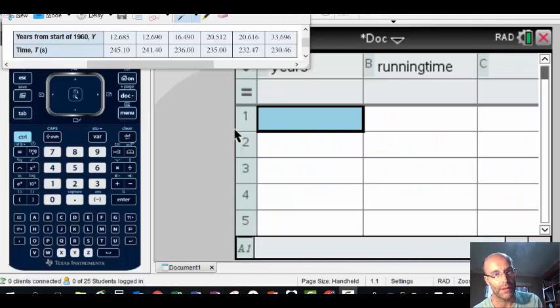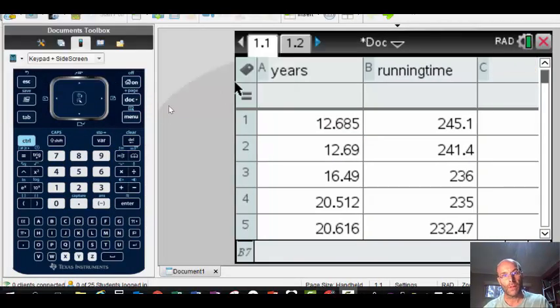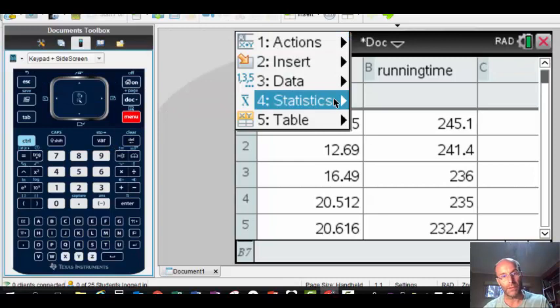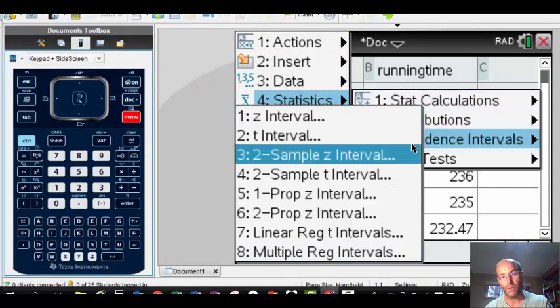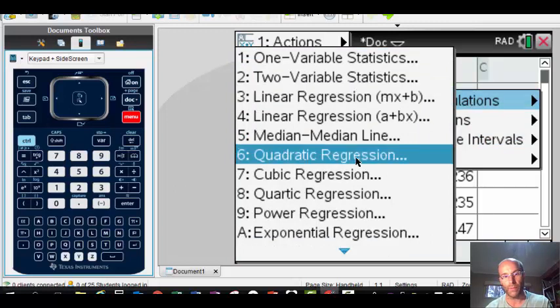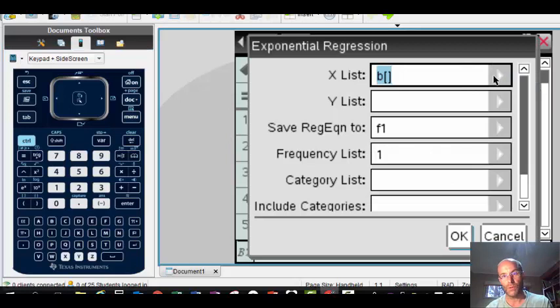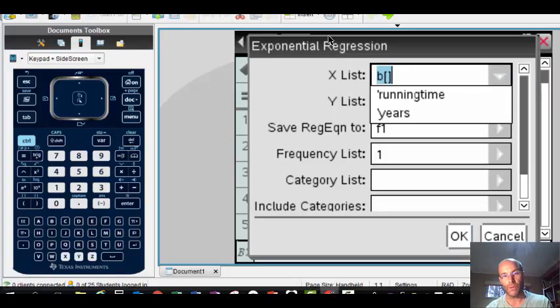So you'll remember that we had this data you can see in the top left of your screen, and I'm going to enter that into the TI Inspire. There we go. So the data is now locked in. Hit menu and statistics, and we've got statistical calculations, top one, and then we go to exponential regression, and we choose what we want.